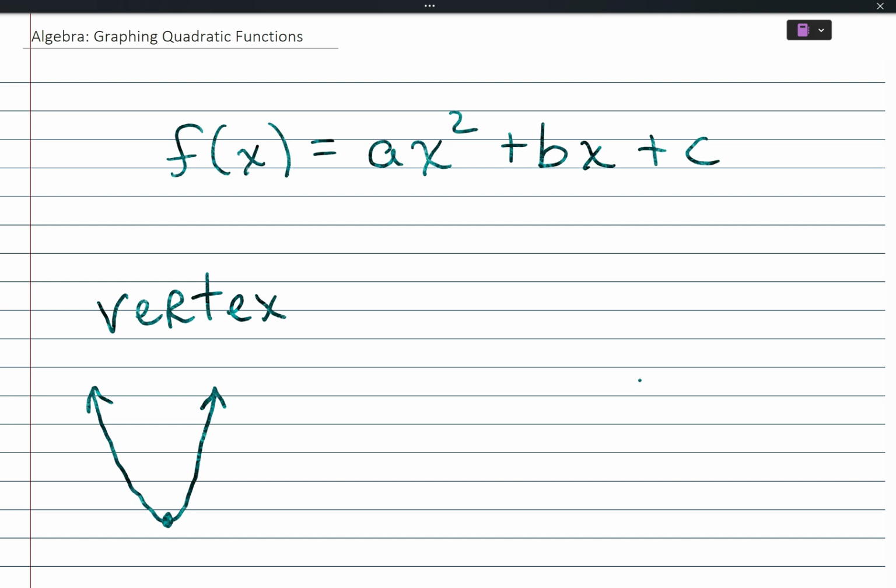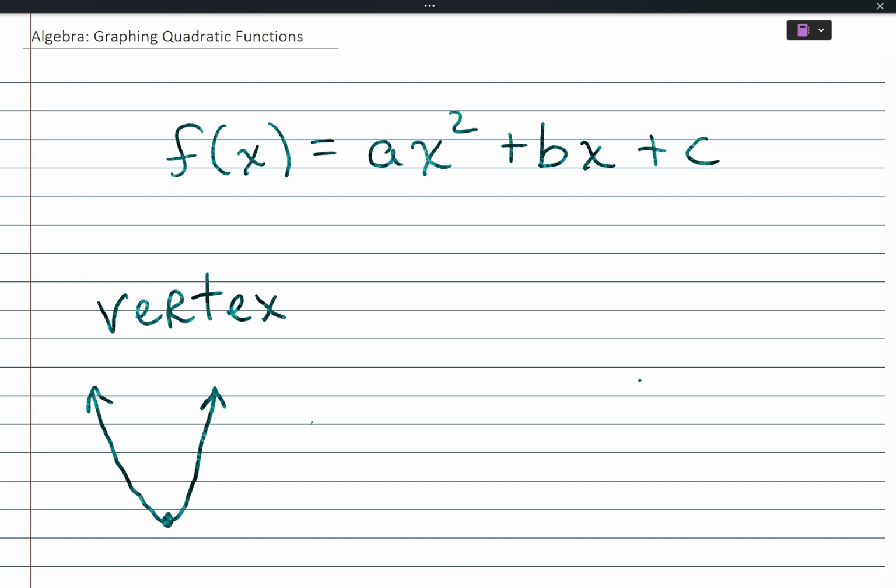If we were going, let's say, on a roller coaster ride and following this parabola, we would be going downhill, and then we would hit the bottom and go back uphill. So where it changes direction, that is known as the vertex. On a parabola that's concave up, the vertex is the minimum point. On a parabola that's concave down, the vertex is the maximum point.